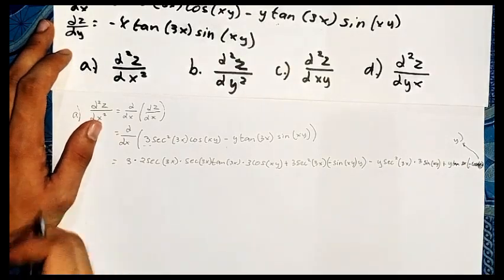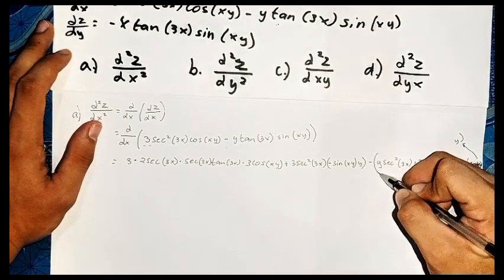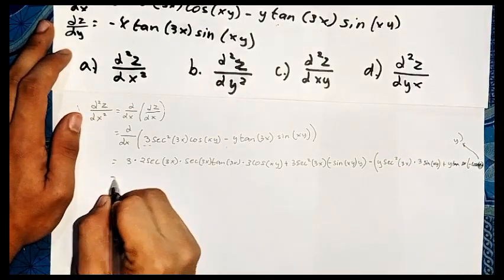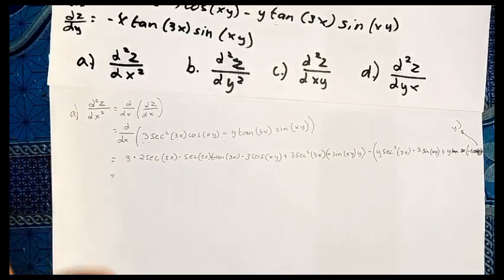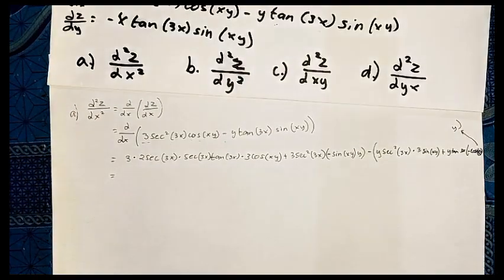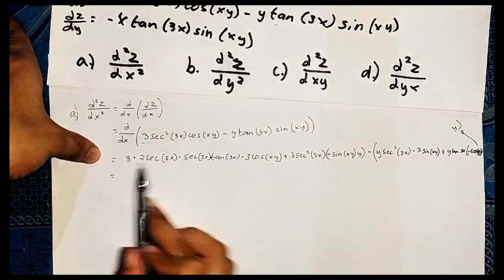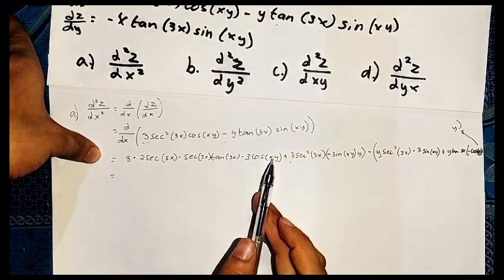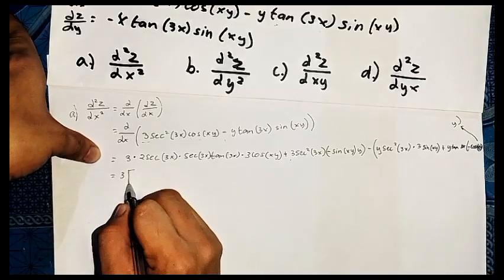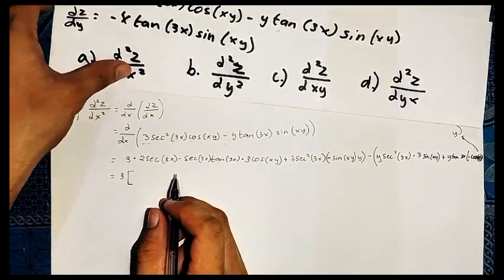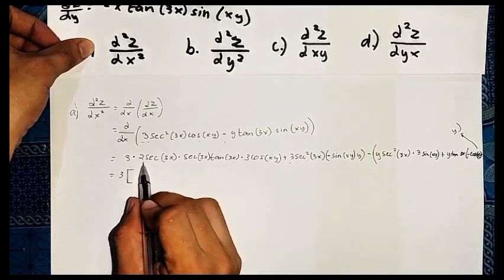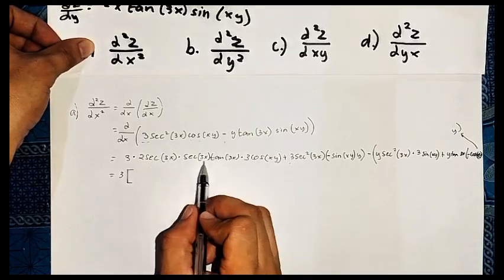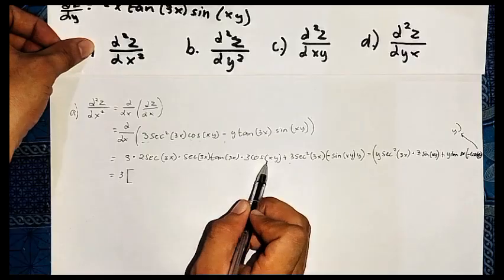So, let's simplify, guys. This is long. Can you see it on the camera? As you can observe, there is a 3, and there is also a 3 here. Okay, let's factor out. So, this will be 3, 2 secant 3x times secant 3x tan 3x times 3 cosine xy.